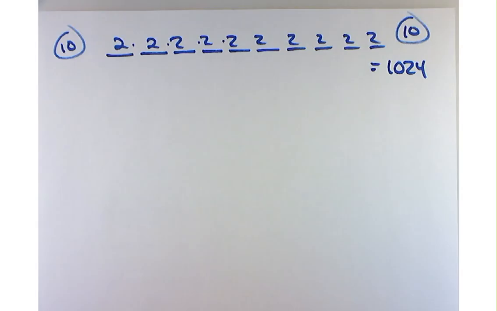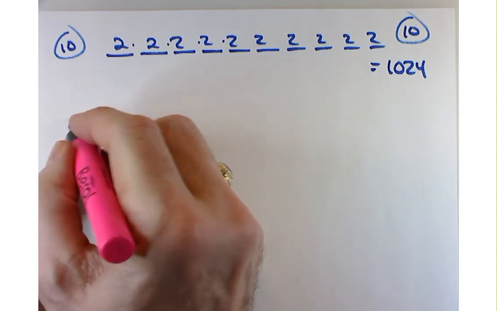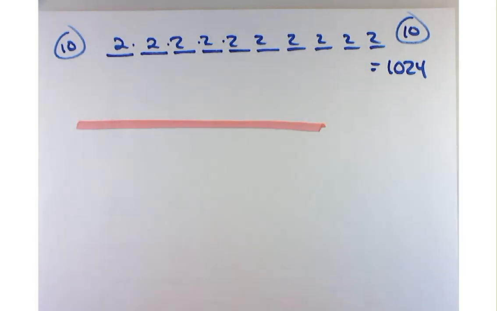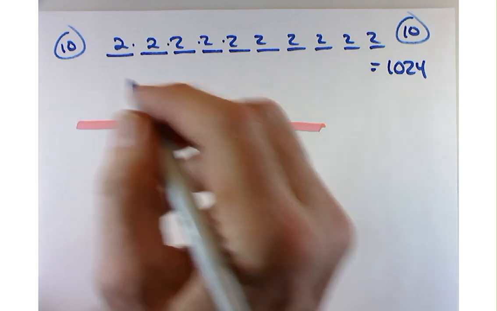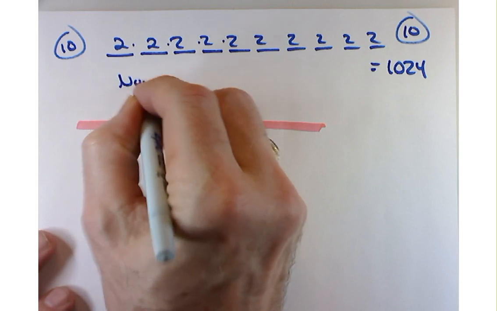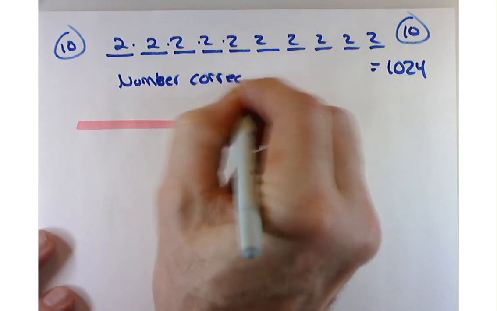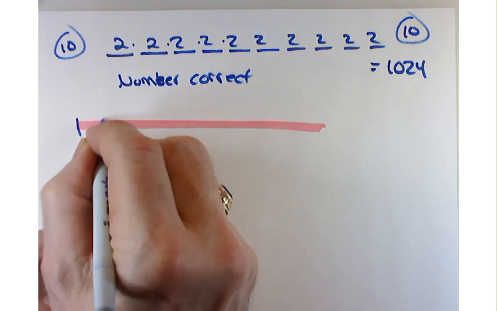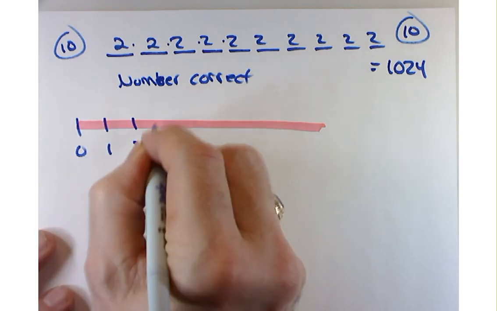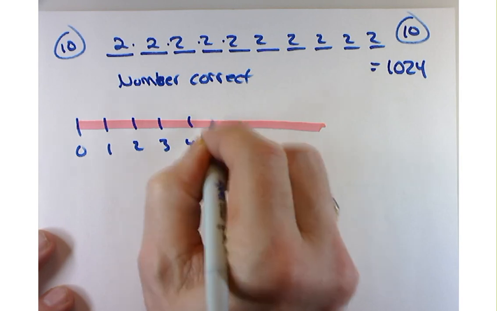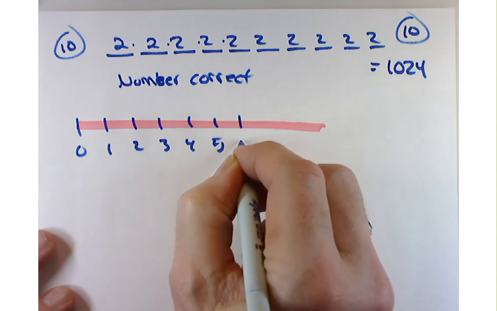We can kind of draw the same thing we did the other day, or the other problem, I should say. This is our number of correct guesses. Number correct. Could be 0, could be 1, could be 2, could be 3, could be 4, all the way up to 10.